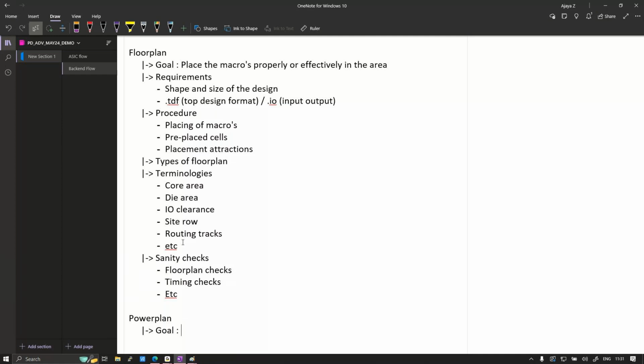The main thing is creating a power distribution network such that each and every cell will get enough power.